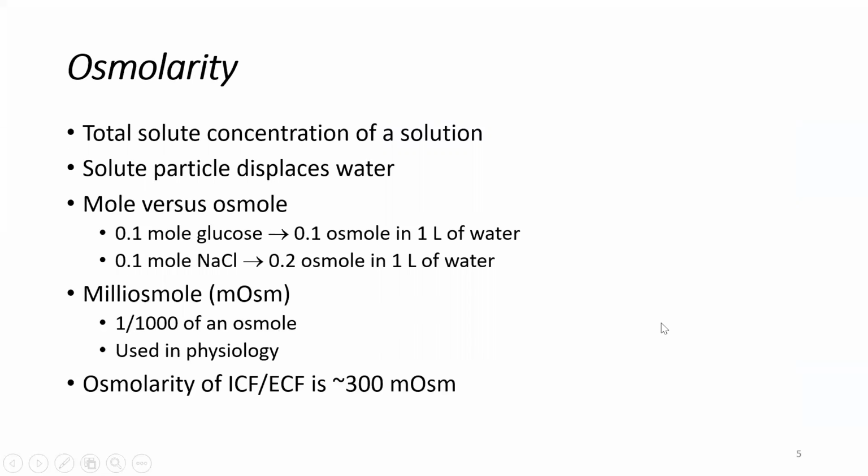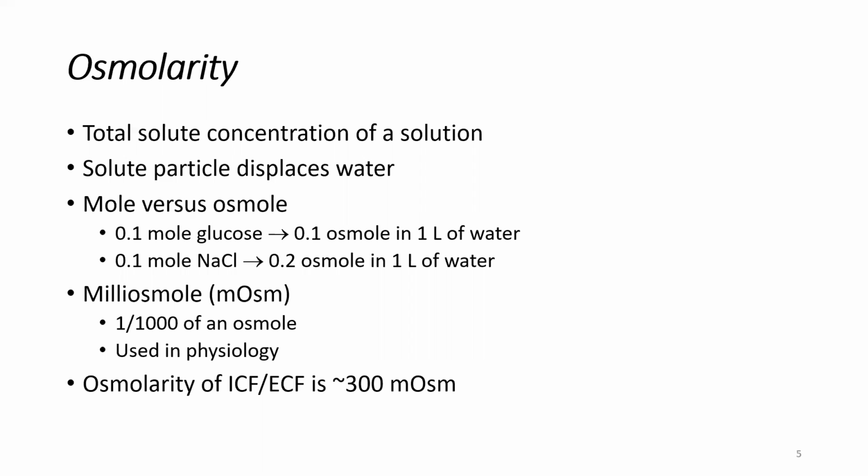As far as the difference between the mole versus the osmole, when we talk about osmolarity, it's the total solute concentration in a solution. So all the dissolved particles in that solution are what contribute to the overall osmolarity of the solution. So we can have 0.1 mole of glucose. If it's dissolved in a liter of water, the overall osmolarity of that solution becomes 0.1 osmole.